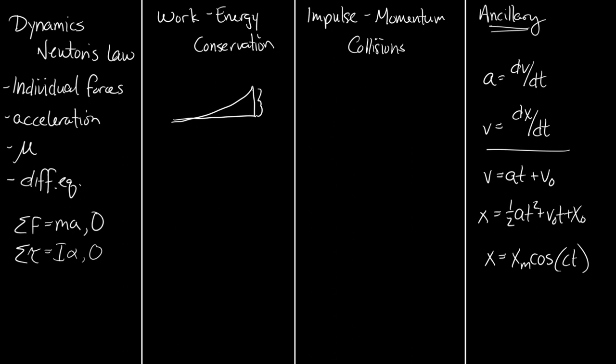We developed this idea that if nothing was lost due to friction or air resistance, then the change in potential energy would have to be equivalent to the inverse change in kinetic energy. If the potential energy increased, usually the kinetic energy decreased, right? This is a statement of conservation of energy. You add up all the energy you have before and set it equal to all the energy you have after.